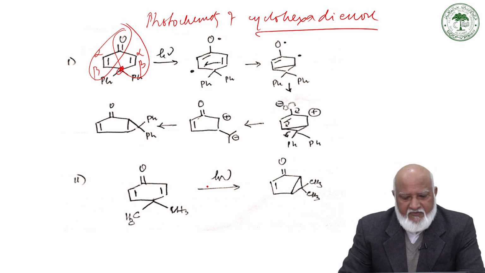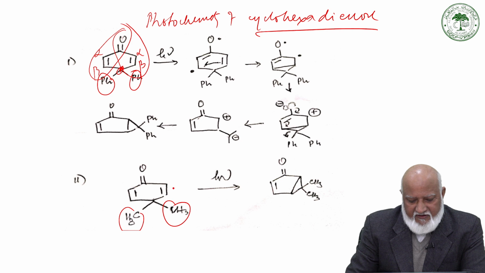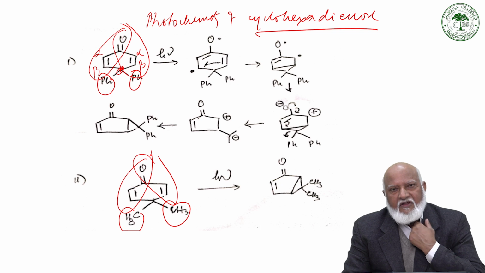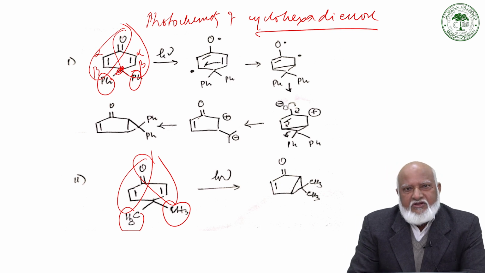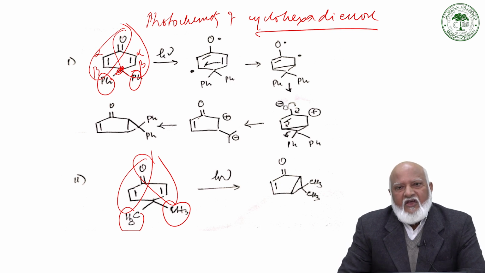We can have a diphenyl, or we can also have a dialkyl, such as a dimethyl. This rearrangement takes place under the condition that the fourth position has to be disubstituted, either with a dimethyl group or a diphenyl group.